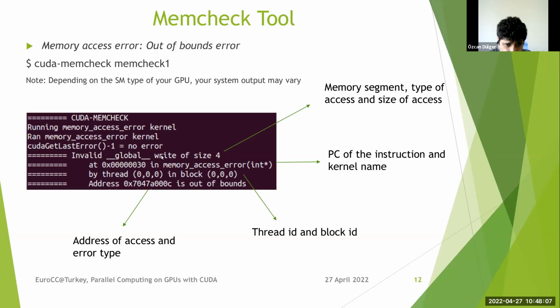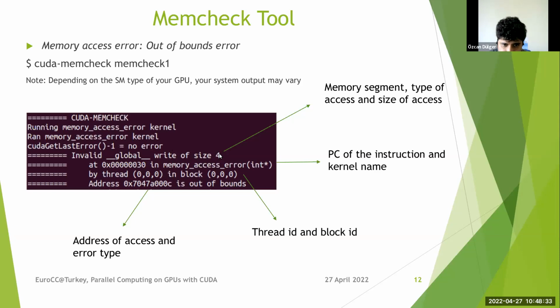Let's look at the information in this output. Here, as you see, global, since our variable is a global variable, this is shown here, and it is a write operation to the global memory, and the size of the memory location is 4 bytes.